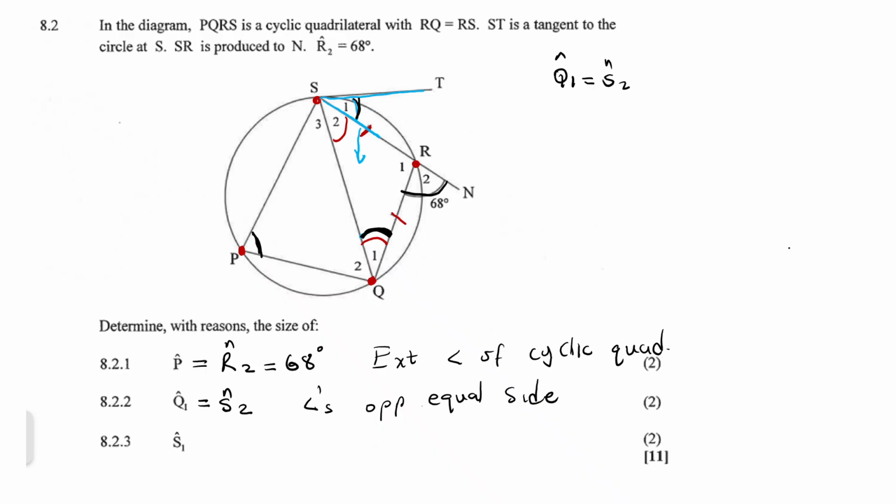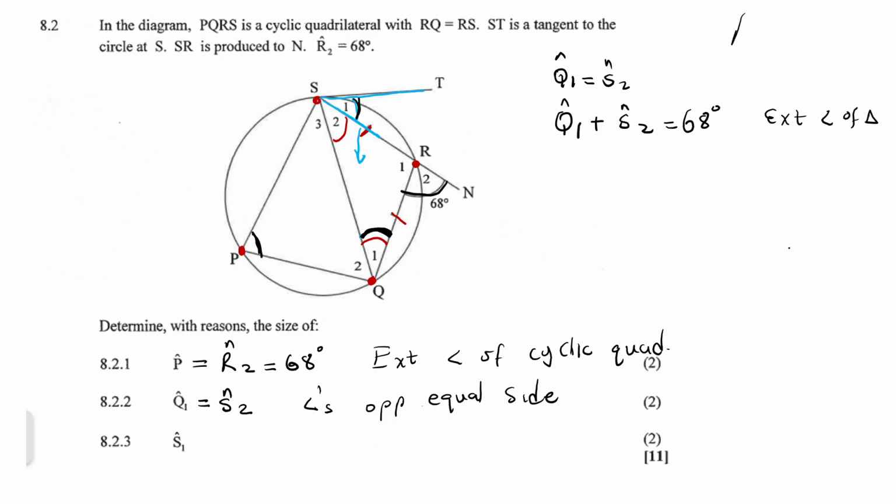So now remember that when we take angle Q1, we add that with angle S2. When we add these two angles, what do we get? We need to get an answer of 68 degrees. What is your reason for that? Exterior angle of a triangle.